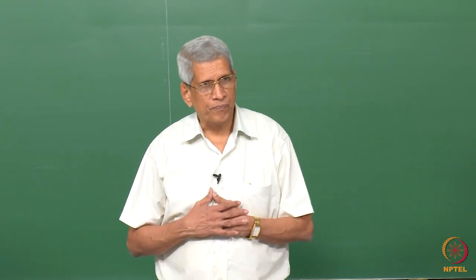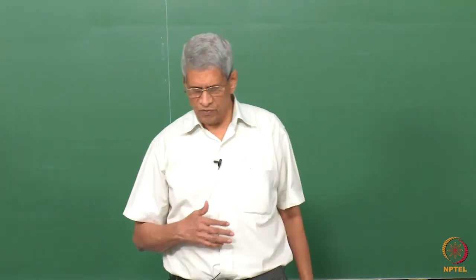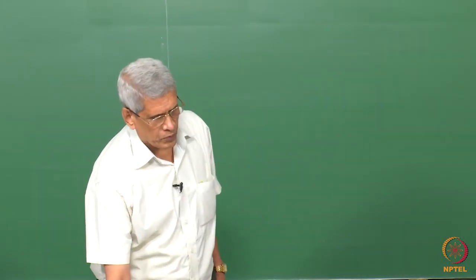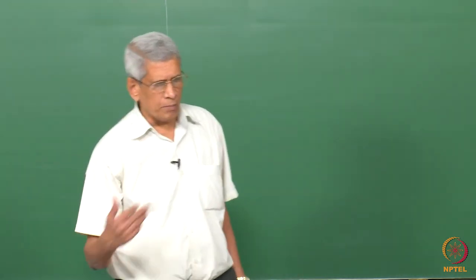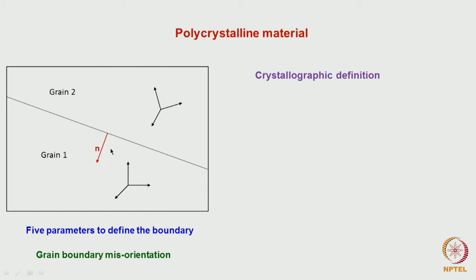With an interface between them, this is the simplest case we are considering. This is a two-dimensional analog which we are showing, but the axis which I am showing is essentially a three-dimensional one.